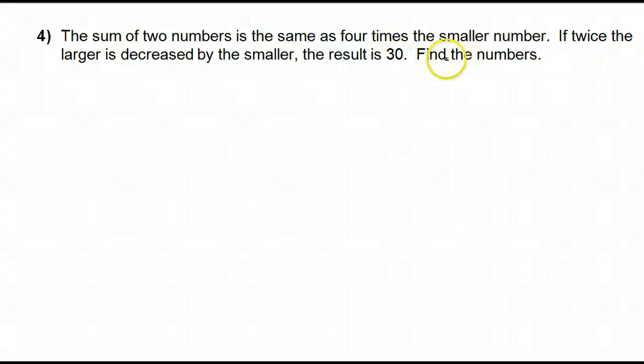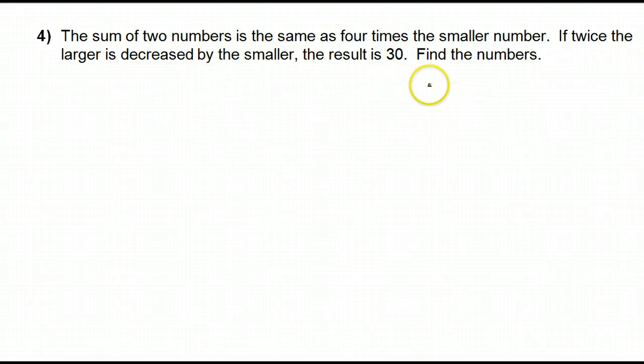All right, that means our variables need to represent the numbers themselves. How can we break it down? There's a smaller number, and then there's a larger number. I could either use X and Y, or I could use L and S. Doesn't really matter.